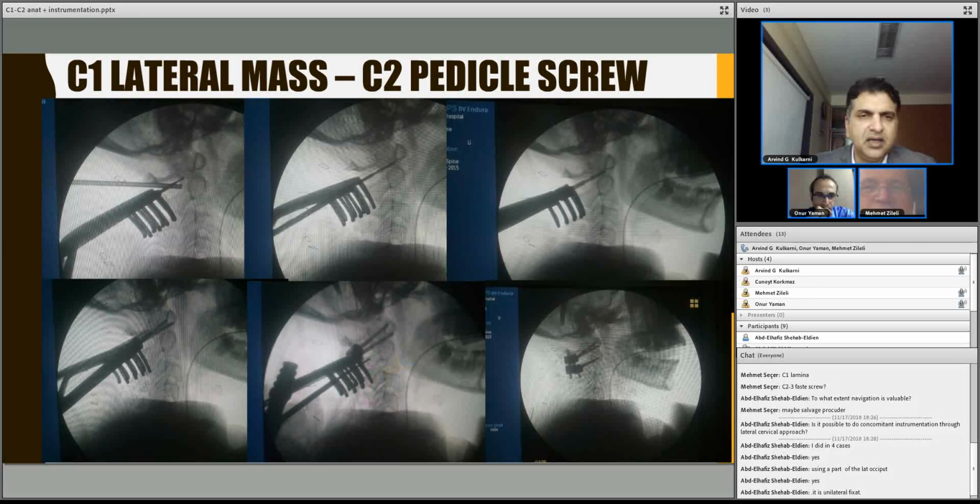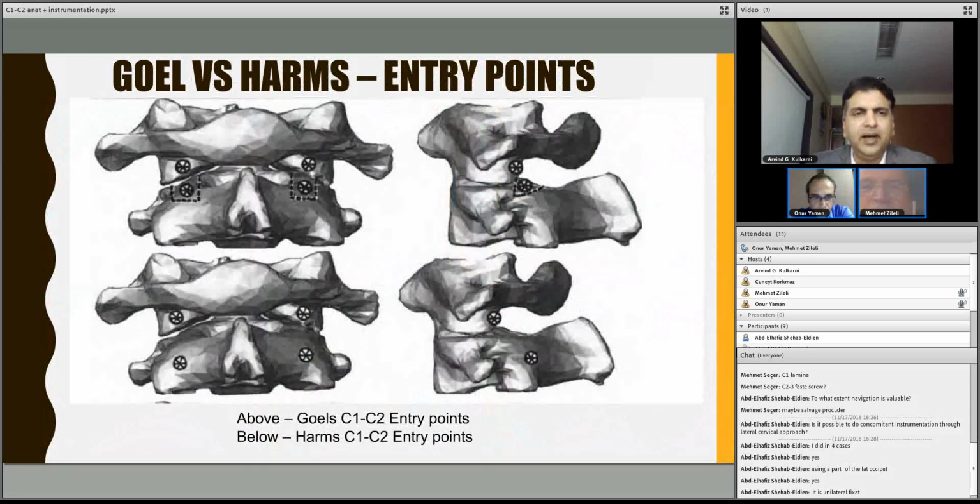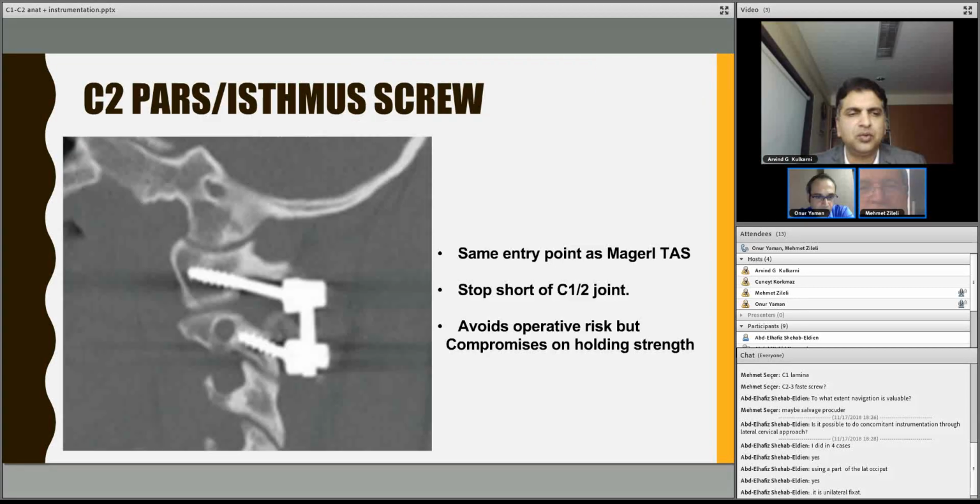You can see this going in, and bicortical, we put this C2 pedicle screw. So the entry points of Goel and Harms are: the goal is to put a C1 lateral mass screw and a C2 pedicle screw.